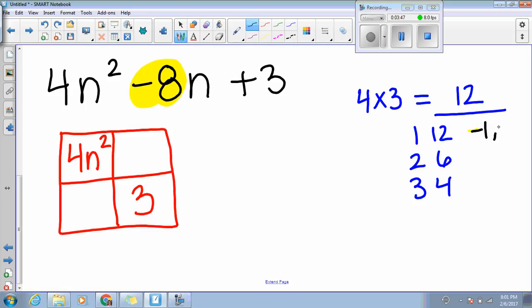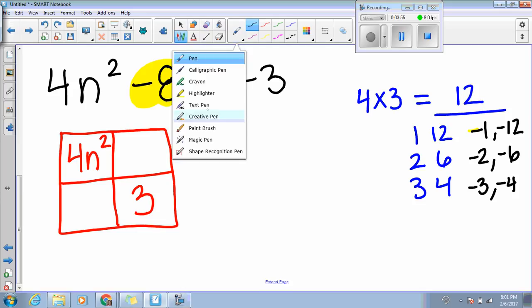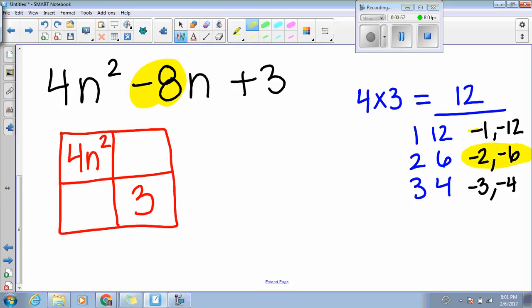So I have negative 1 and negative 12, negative 2 and negative 6, and negative 3 and negative 4. Now we have a pair with a sum of negative 8. So that's negative 2 and negative 6. So I have negative 2n and negative 6n.